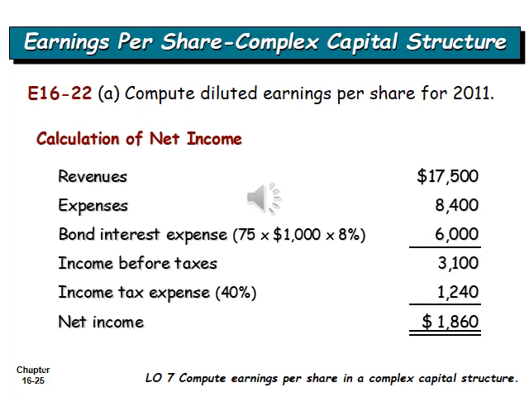Net income is determined by taking the revenues, $17,500, minus expenses, $8,400, minus the bond interest expense, $7,500 times 8%, $6,000. So the income before tax is $3,100. Minus income tax expense 40%, so the net income will be $1,860.